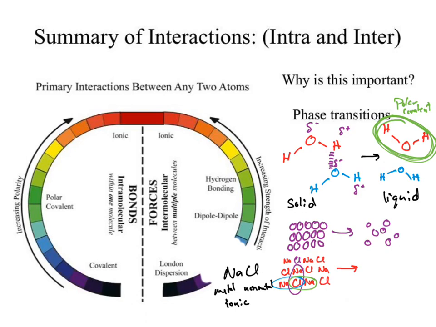So then the next part, well, what is breaking when I transition from the solid to the liquid? If it's not the bond, it's the force. So why is it important to know something about the bonds? Well, if I have an ionic bond, what kind of force is that going to generate? An ionic force. Why is that important for sodium chloride? Okay, well, how strong is an ionic force?